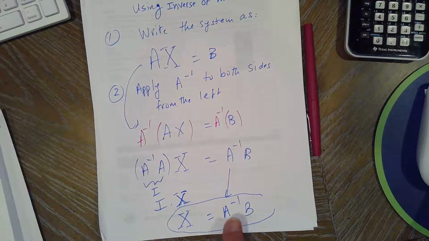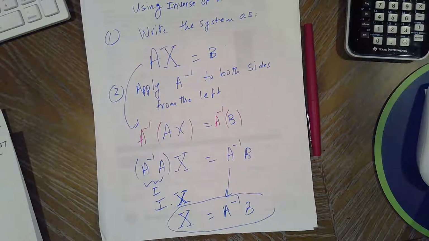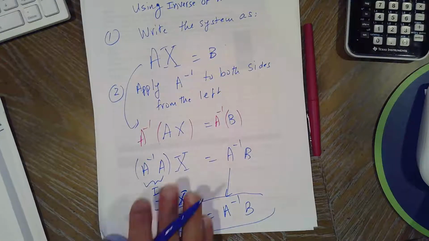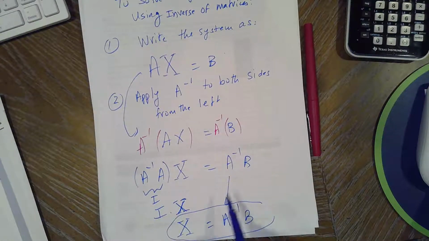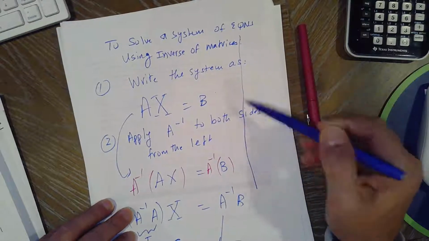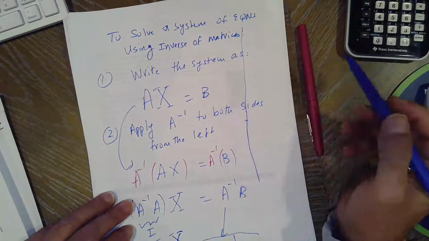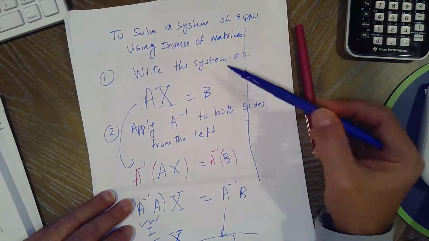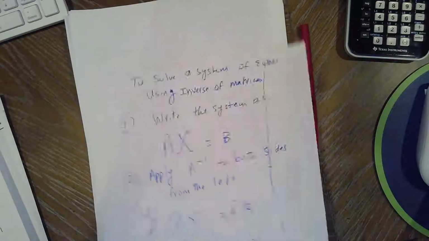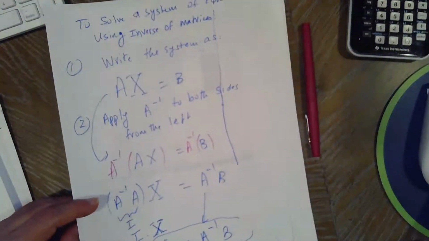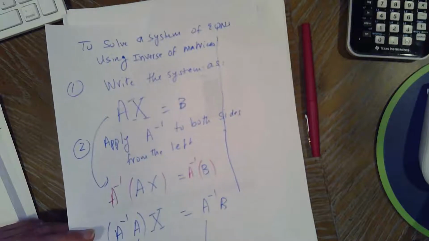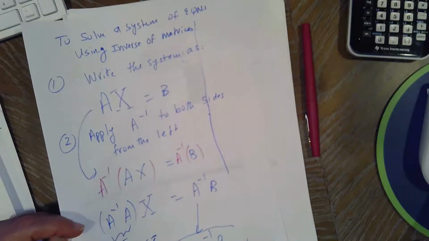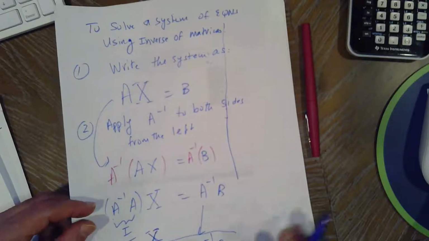The inverse of the coefficient matrix times the constant matrix. Okay, to find the inverse, only for this part, I would allow you to use the graphing calculator. I wouldn't need the work, just for this part. Because I would have asked you to find the inverse previously. There should be one question on the test where you actually have to show the work, so it's pointless to show the work again in this one.